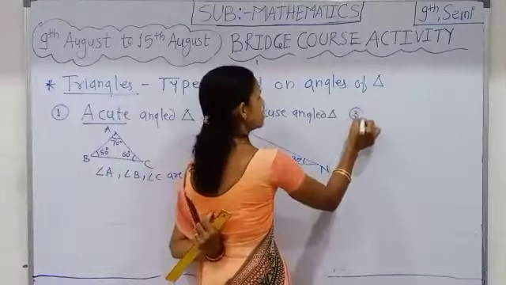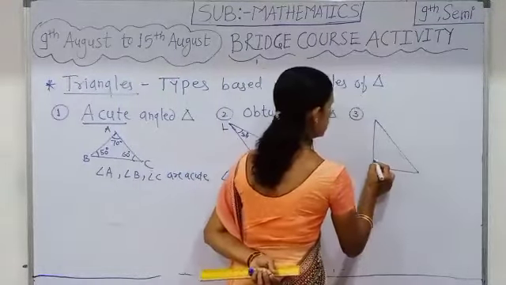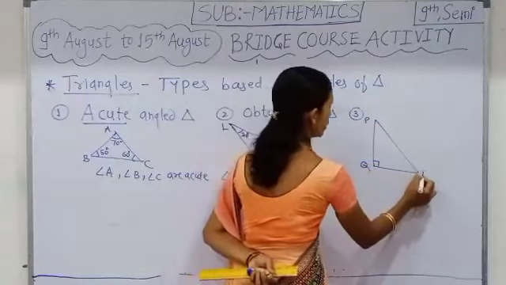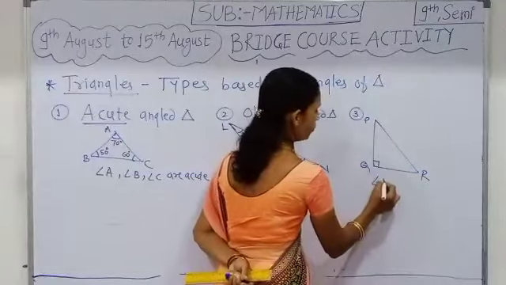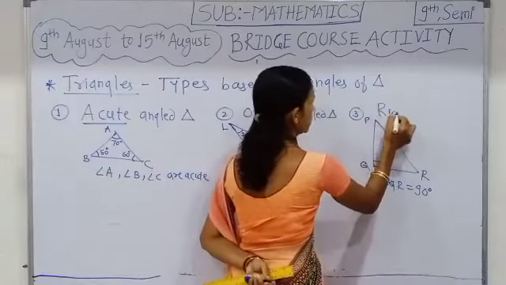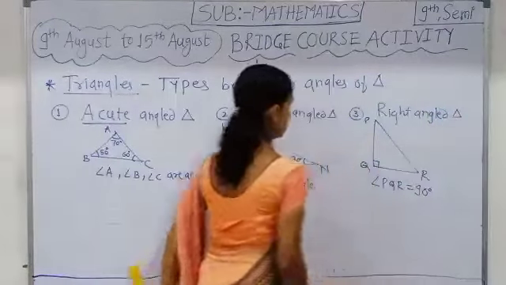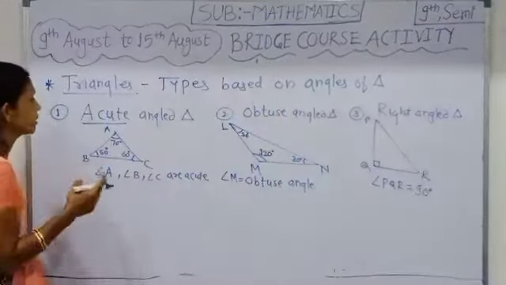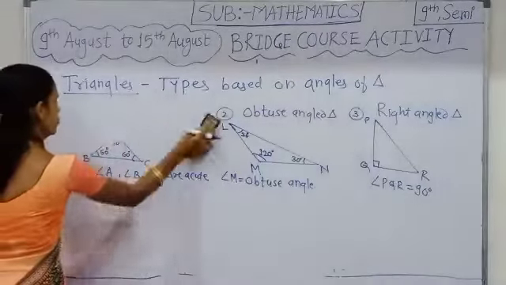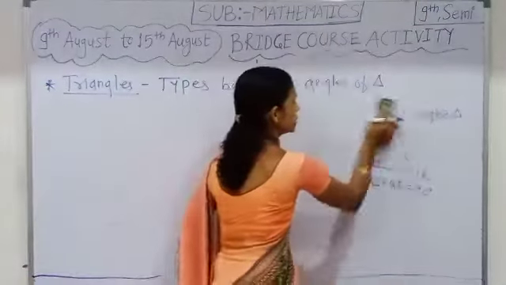And the last, the third type of triangle, is triangle PQR, in which angle PQR is 90 degrees. Therefore it is a right angled triangle. Those are the different types of triangles based on sides as well as angles.